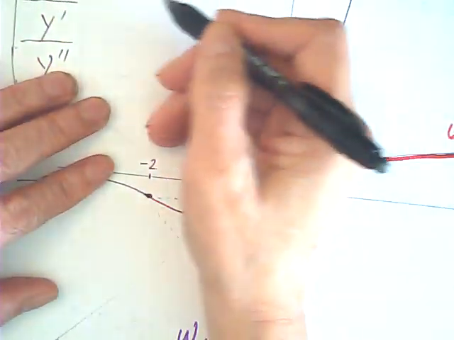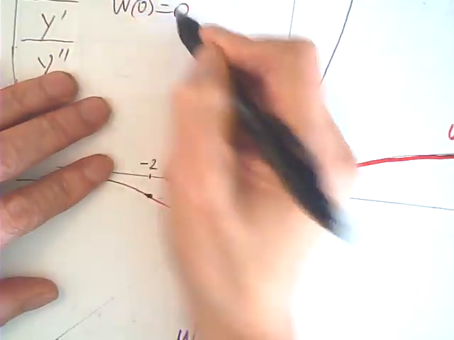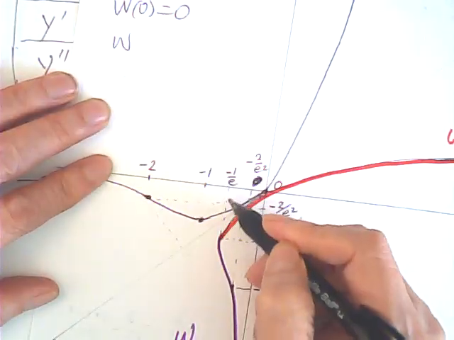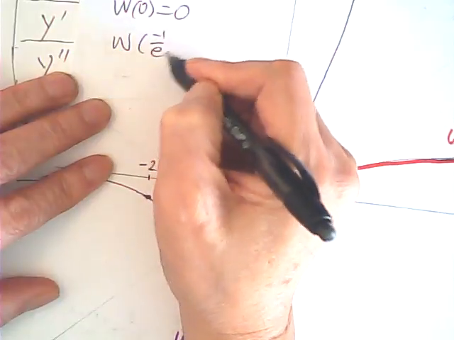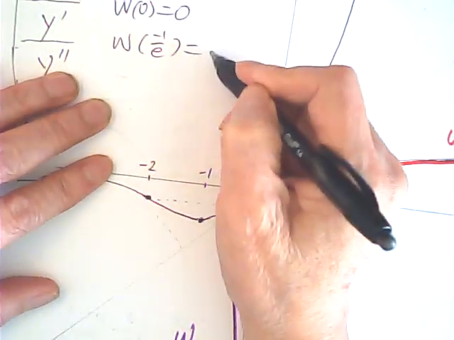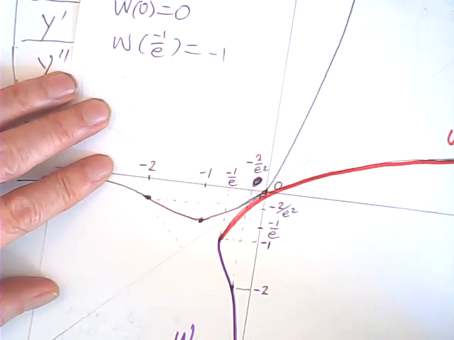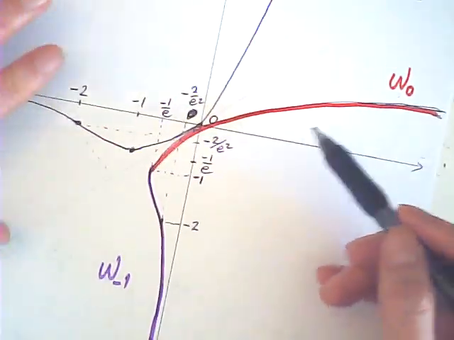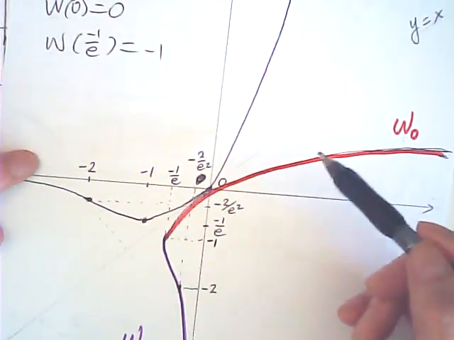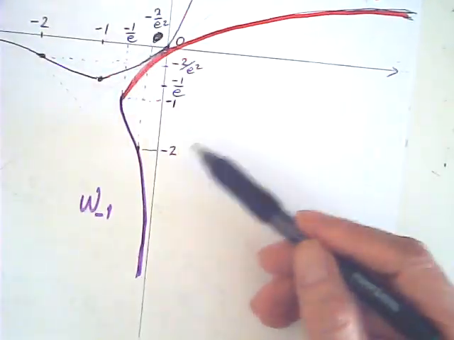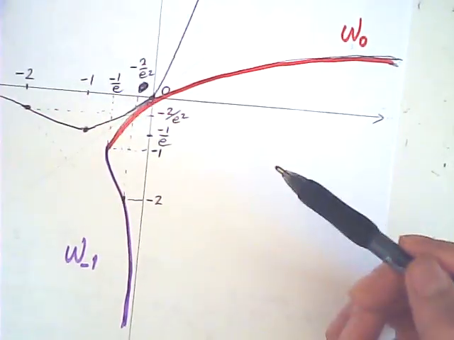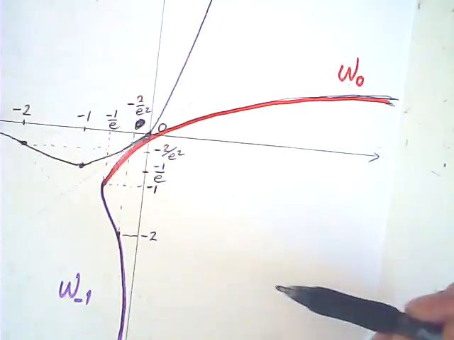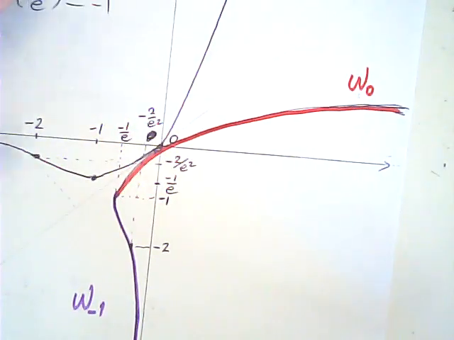What else? Well, W0 of 0 is 0, and W minus 1 of minus 1 over e is equal to minus 1, and so on. So this graph really helps when you use the W function to solve equations. I think pictures are sometimes much better for memorizing some important features.